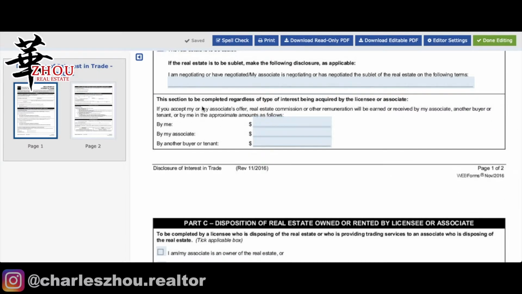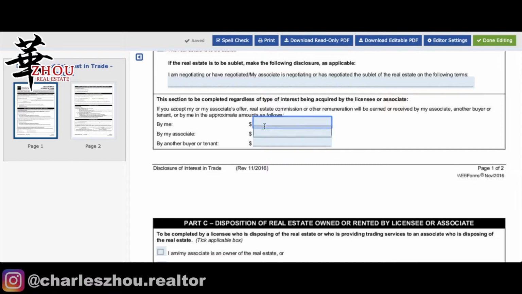And the next section here, normally what you put here is for your commission and for your associate, how much they're getting, and whether you're getting any money from others. So you will be calculating by percentage, a formula that you use in this case.